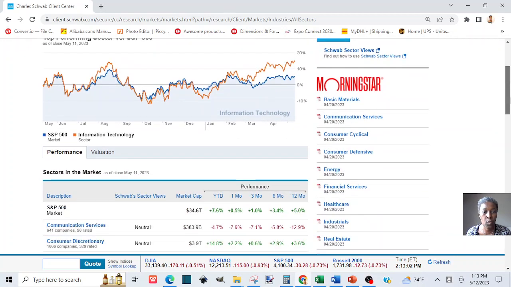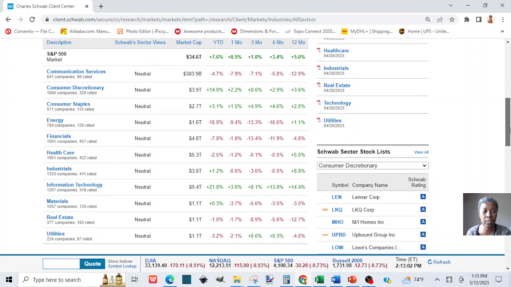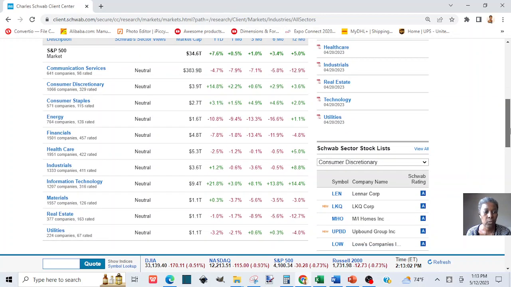You will scroll down and find the different sectors, and we are going through Consumer Discretionary, so we will click on Consumer Discretionary. You select a sector, click on it, you'll find industries, and you click on the industry to find the sub-industries.